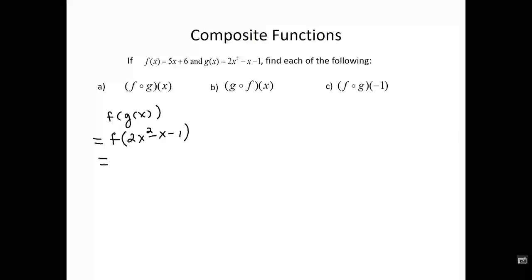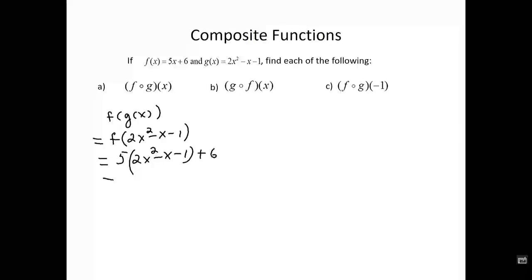Now I need to evaluate the function f at g of x. g of x is 2x squared minus x minus 1. f is defined to be 5x plus 6. So f of 2x squared minus x minus 1 is 5 times 2x squared minus x minus 1 plus 6.